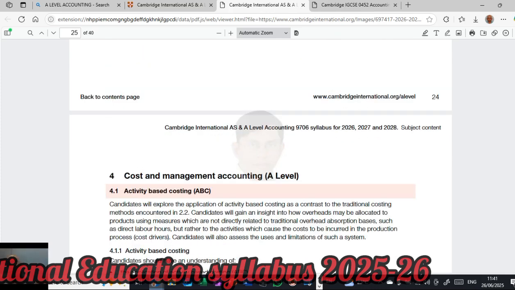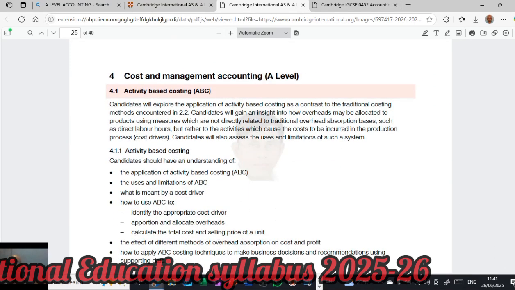Okay, now we come to the next part, cost and management accounting. ABC, activity based costing. Here we will be learning a different method of accounting for overheads, that is activity based costing. Based on activities, we calculate the overheads and cost of a product.